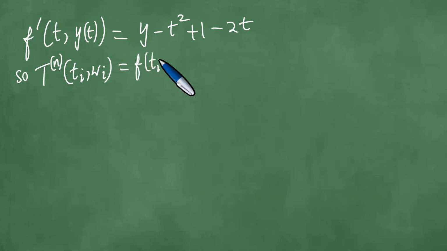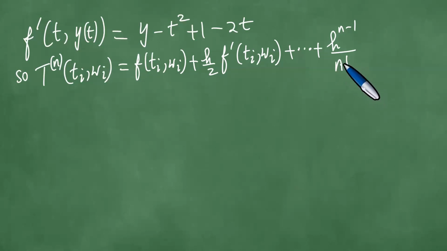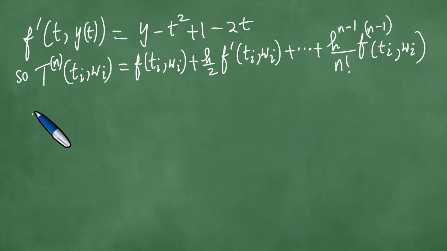So you have t_i, w_i, you have f primed, and then you have n minus 1. Like so.